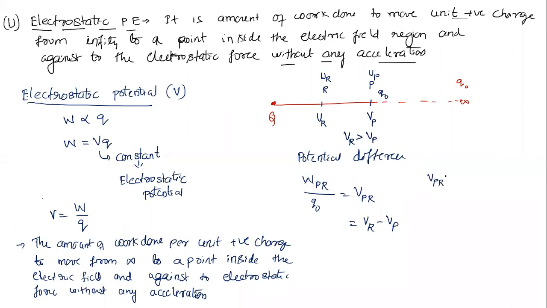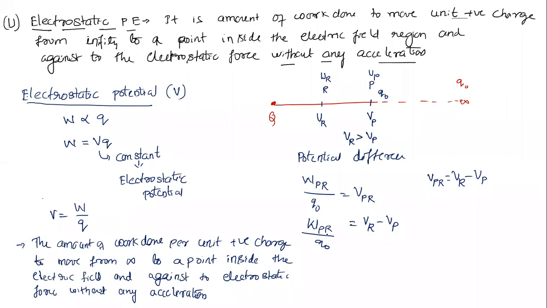VPR is equal to VR minus VP. Why VR minus VP? Because VR is a higher potential point, so we should do more work. So it is the work done from P to R by Q naught.